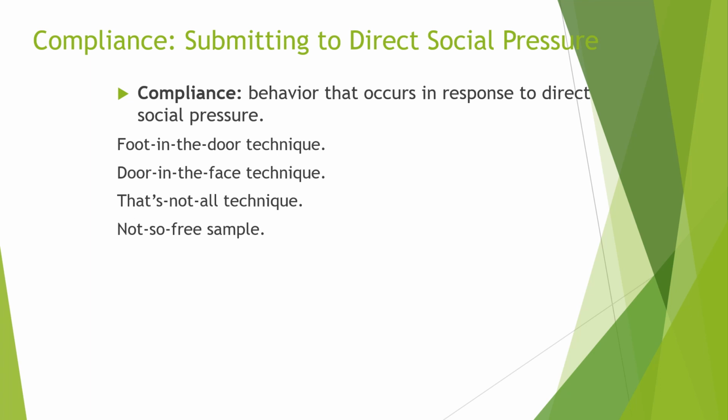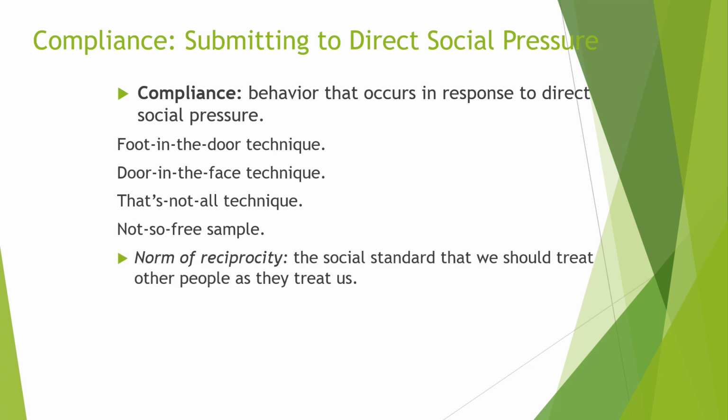And when you get something for giving something, that is called reciprocity. So we have what is called the norm of reciprocity. It's the social standard that we should treat other people as they treat us.